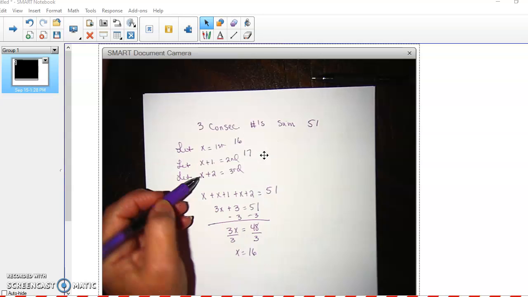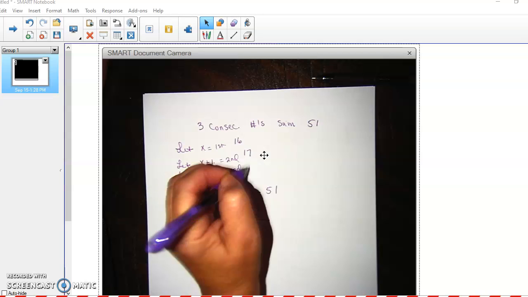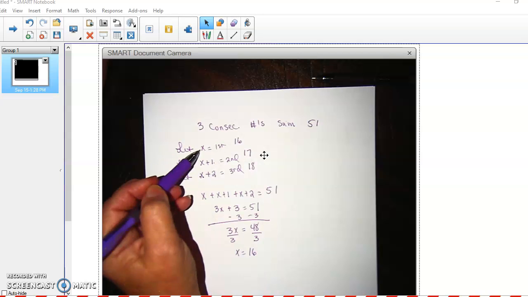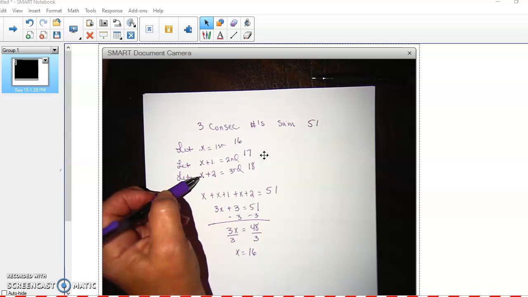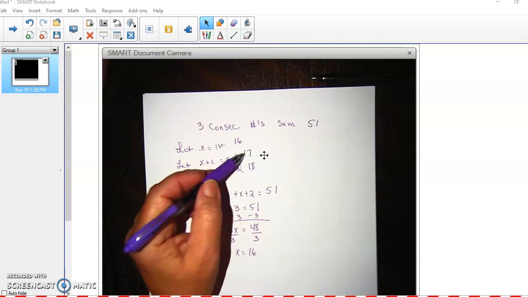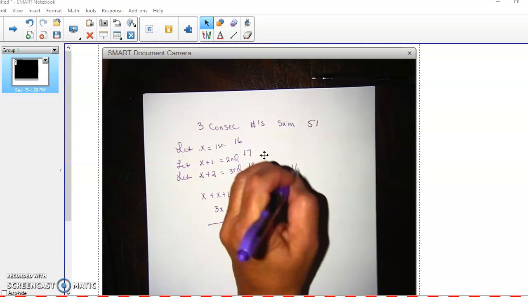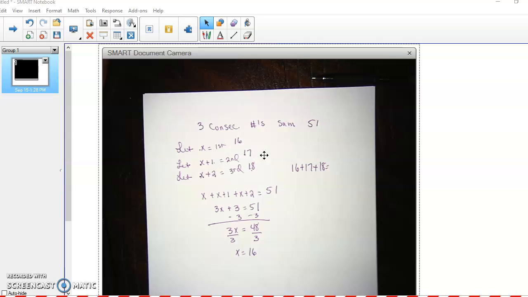I'm going to take my 16 and substitute it in here, plus 2 more is going to give me 18. So they're consecutive. If I add 16 plus 17 plus 18, it should equal 51. Let me just check in the calculator. 16 plus 17 plus 18 gives me 51. So my answer is correct.